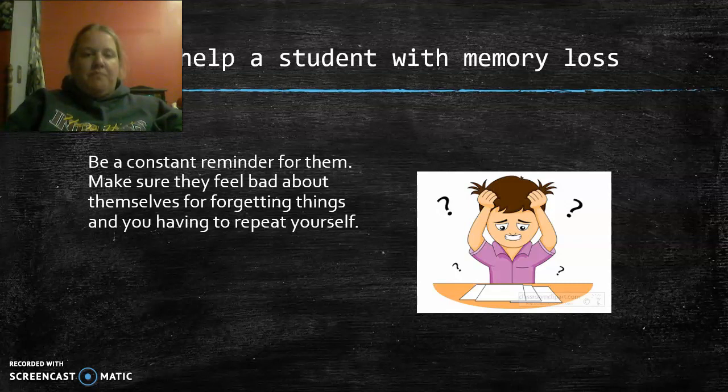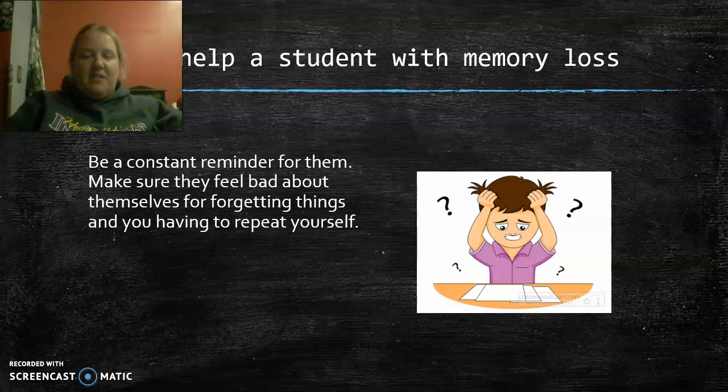And so we have to make sure as educators that we don't make them feel bad about the fact that they can't remember, because then that will cause a lack of confidence and then they won't want to learn anything anyway. So, what we have to do as teachers is be extremely supportive and keep reminding them of what it is they need to learn or do.